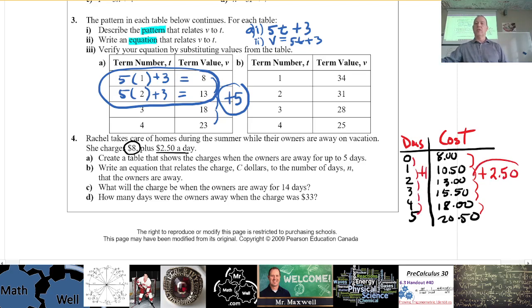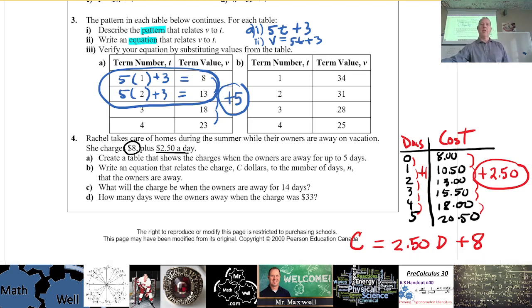So we've got $2.50 over 1 times D. 250 over 1, we'll just write 250, times D is at least part of the cost. Now the adjustment that we would have to make would be the extra $8. So 250 times 1 is 250, plus 8 would be 1050, so plus 8.